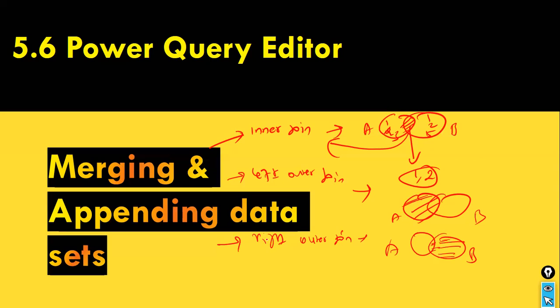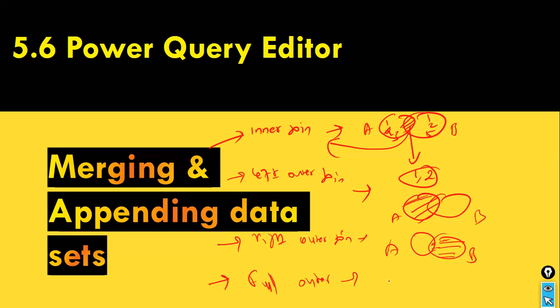And the next one is the full outer join. What is a full outer join? Full outer join is all the values: the matching values and the non-matching values from both tables. Basically, it is the merged table, you are merging both the files.